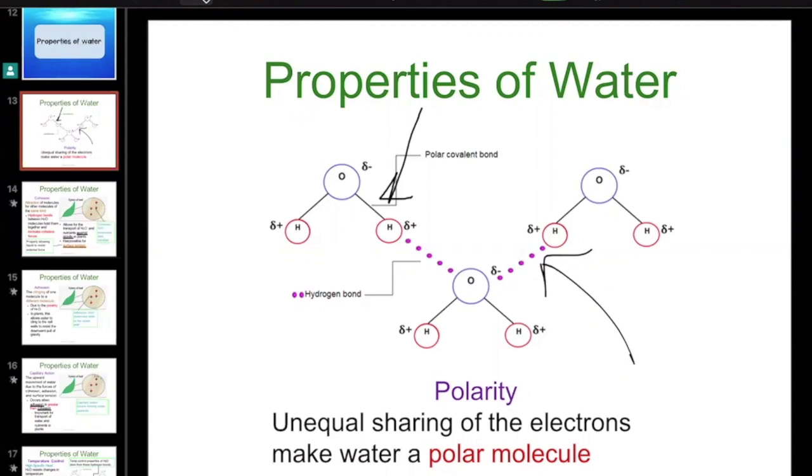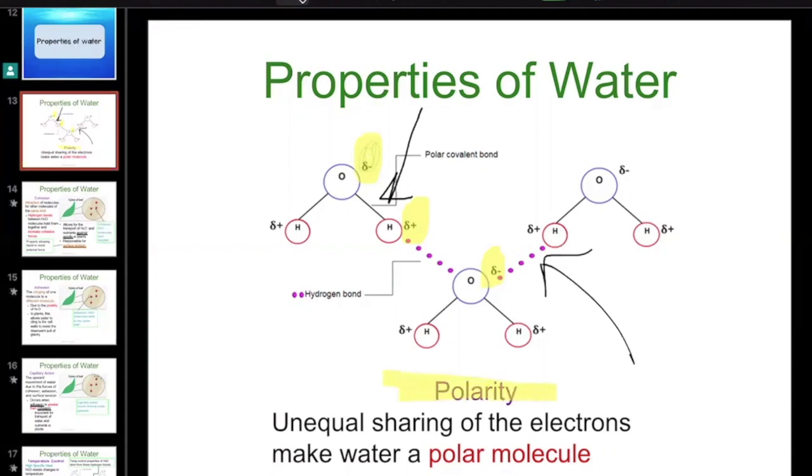And because that polar covalent bond creates a slightly negative area and a slightly positive area, that allows the slightly positive area of one molecule to be attracted to the slightly negative area of another molecule. It creates this sort of stickiness of water and this ability of water to want to hold tight to itself without breaking apart. Okay, so this is what we talk about when we talk about polarity.